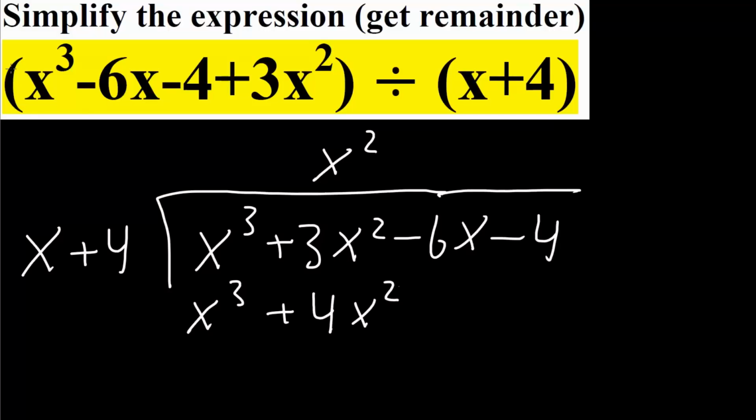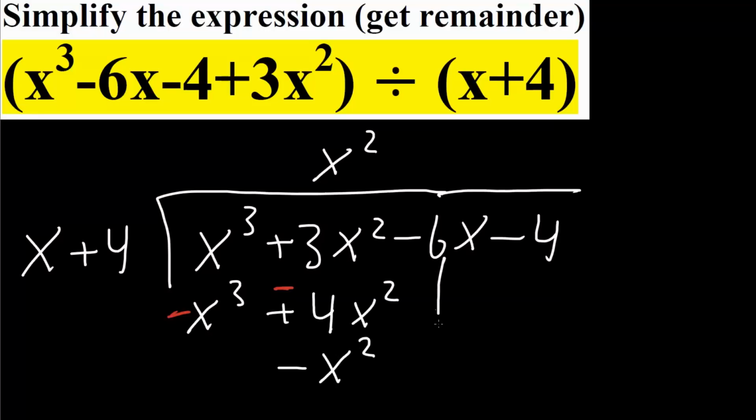And like on the last problem, we make the signs the opposite. So this would be minus, and this would also be minus. And so we would get x cubed minus x cubed is 0x cubed. 3x squared minus 4x squared would be minus x squared.